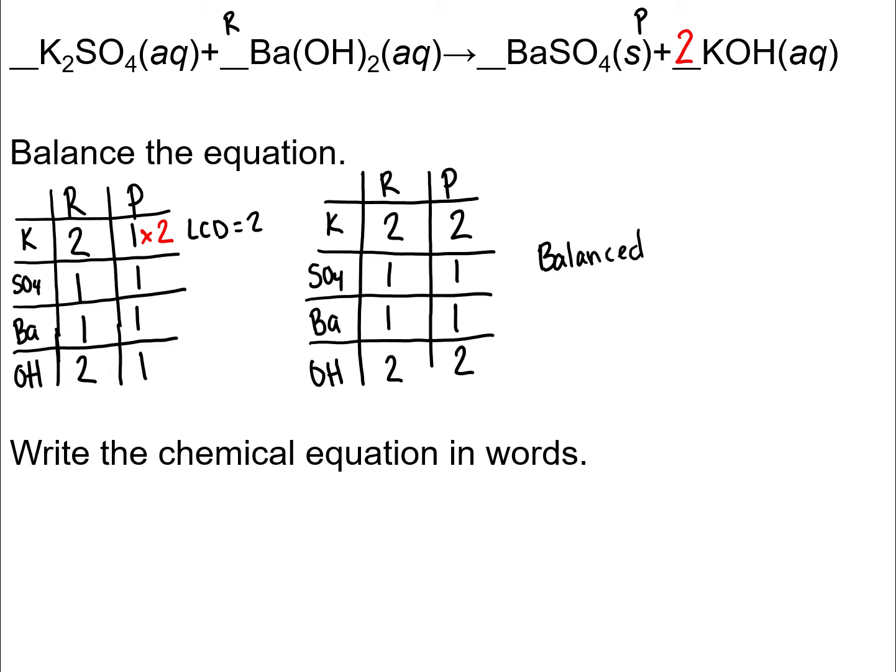So if I were to ask you to write the coefficient from the balanced equation for, say, barium sulfate, you would say 1. Or if I asked you the coefficient for potassium hydroxide in the balanced equation, you would say 2. So how many of us were able to get that, or at least feel confident that they could get that, given enough time?